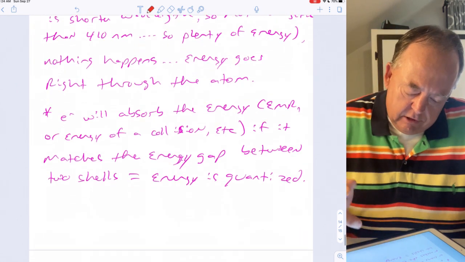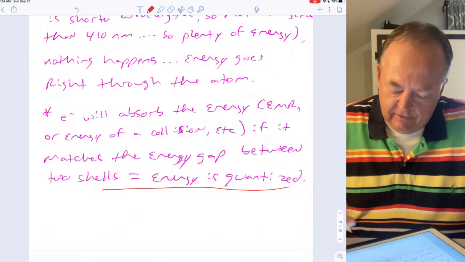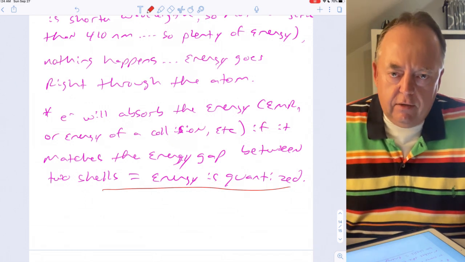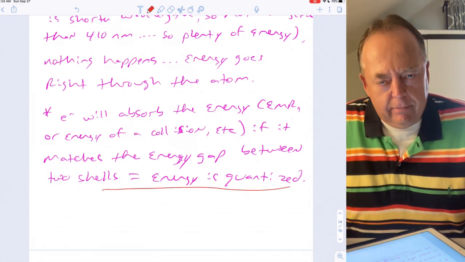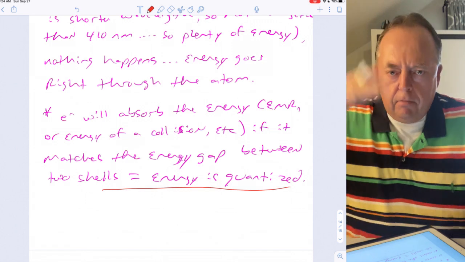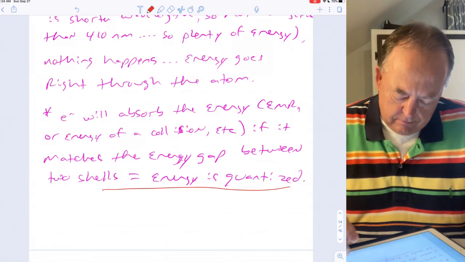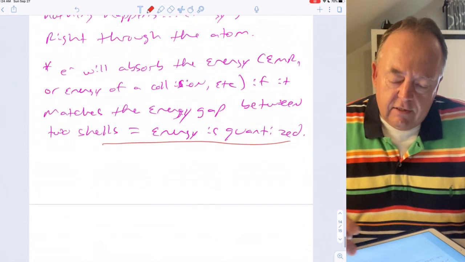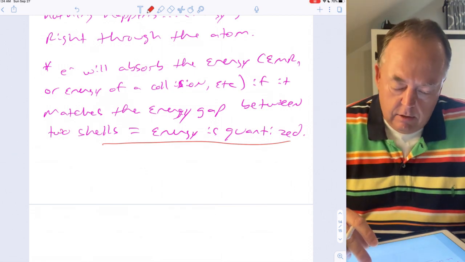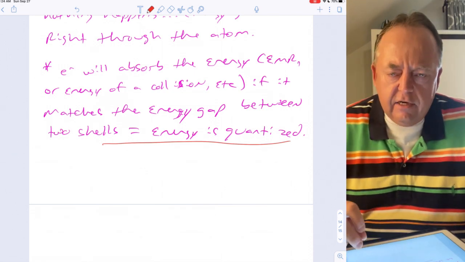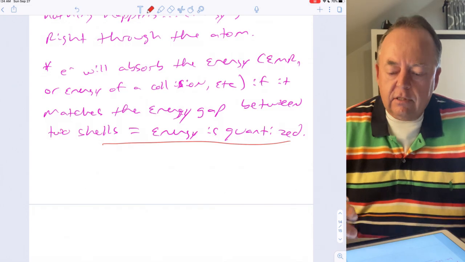So that's what it means for energy to be quantized. If you want electrons to move between shells, you give it exactly the right amount of energy that it needs in order to promote to higher energy shells. Okay, hopefully that made sense. We'll stop there, and then I think we'll finish chapter 7 with the next lecture.